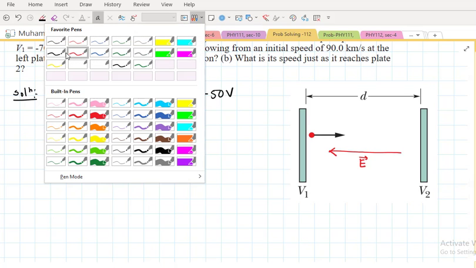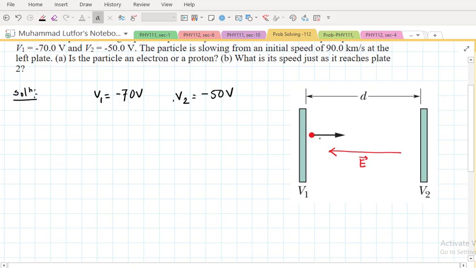Now, this charged particle is moving towards the left with the initial speed of 90 km per second, which we can write as 90 into 10 to the power 3 meter per second. It's slowing down.